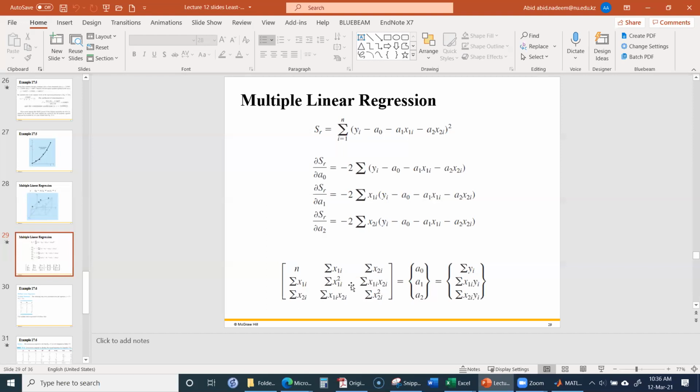Here it is a little bit difficult to remember, but we have this formula over here: sigma y, sigma x1 y, and then sigma x2 y. Basically, whatever the coefficients were before for the x squared terms, those have been replaced by x2 terms over here.